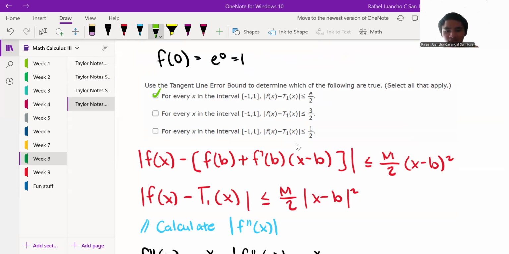This one, 3/2 is around 1.5. And this is true, right? Because the error bound is larger.